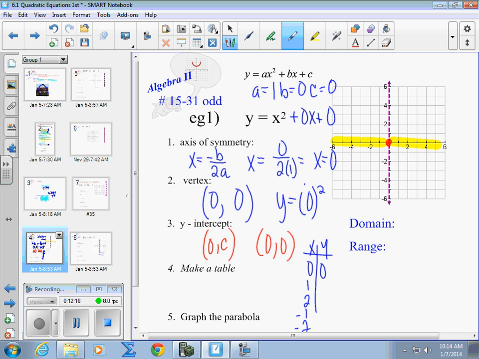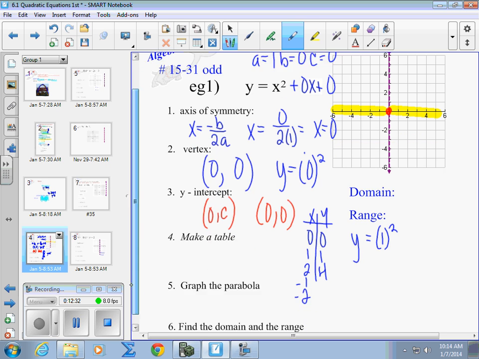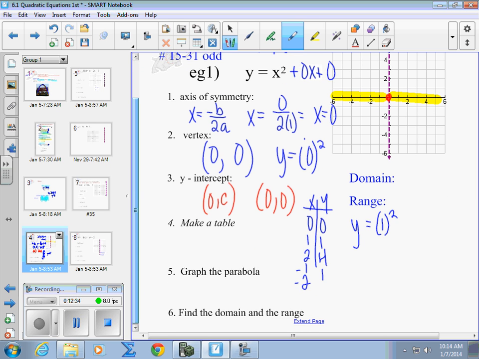So we're plugging 1 in the function. And we get 1. We plug in 2, we get 4. Plug in negative 1, we get 1, negative 2, we get 4.